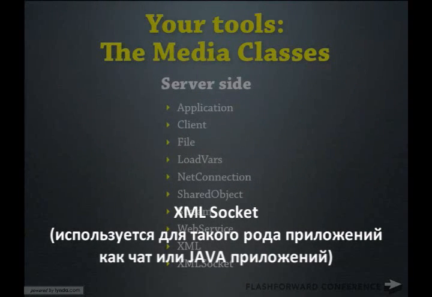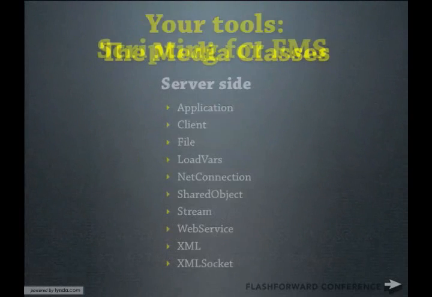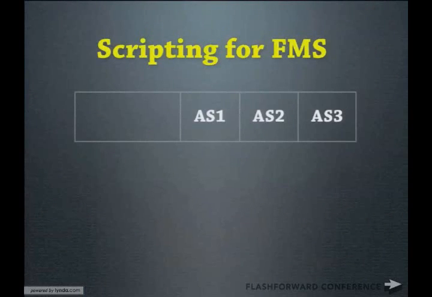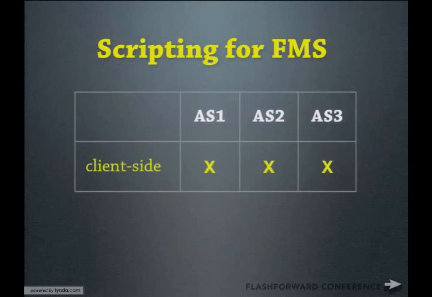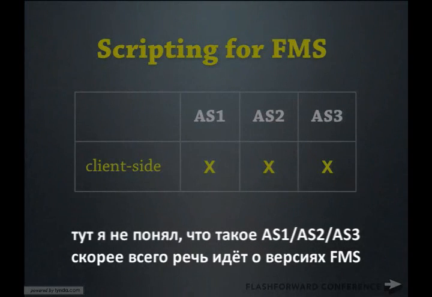XML socket is special for low latency type applications. If you want to have a chat or Jabber IM kind of thing, that's what you'd use the XML socket for. So those are your tools. That's what you've got. For FMS, you can script any of that client side in any version, AS1, 2, 3, whatever.